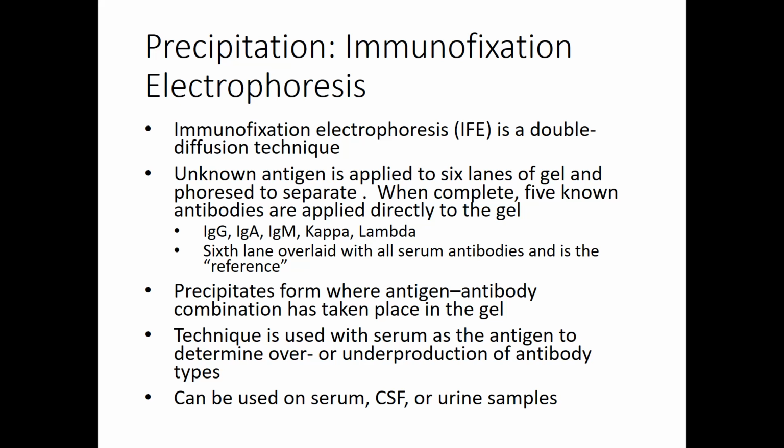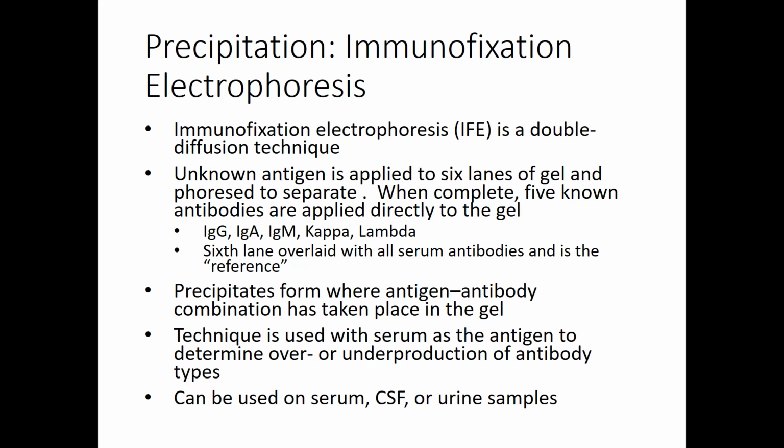Very much like the immunoelectrophoresis we just saw, we put unknown antigen into a test well and electrophorese it through the gel that contains antibody, and that's been applied to the gel. Precipitation forms at the point of antigen-antibody complexes, and there we go.